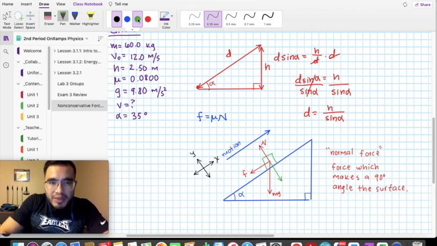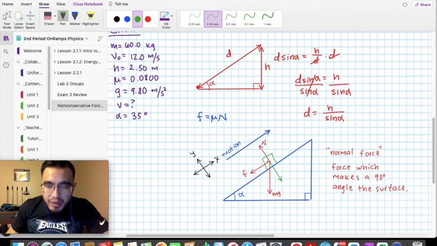So what that means is this green vector represents the component of gravity that is perpendicular to the surface or along the y direction. Look, the y is like this, and it matches this one. So this is mg_y. That is the component of gravity or the weight along the y direction.